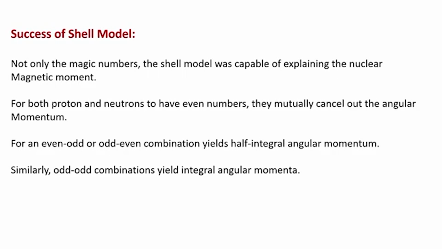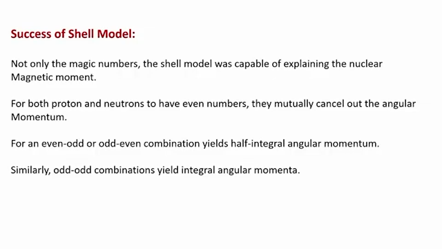For an even-odd or an odd-even combination, it yields a half integral value of the angular momentum, and similarly the odd-odd combinations yield integral angular momentum again. So the observed values of angular momentum for the nucleus are well explained by this shell model.